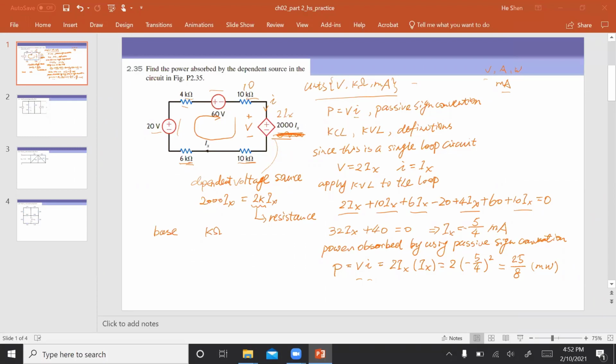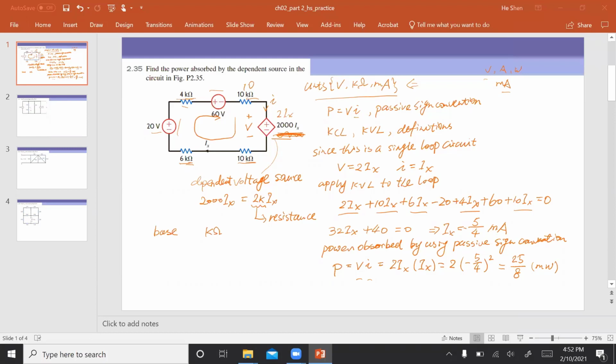That's fine. If you use a standard unit, over here 4K, you need to write it as 4,000 ohm, and 10K will be 10,000 ohm. So if I use this unit, all the numbers in the calculation are very small; if you use a standard unit, the numbers that you carry through the whole calculation will be big. Okay, thank you.